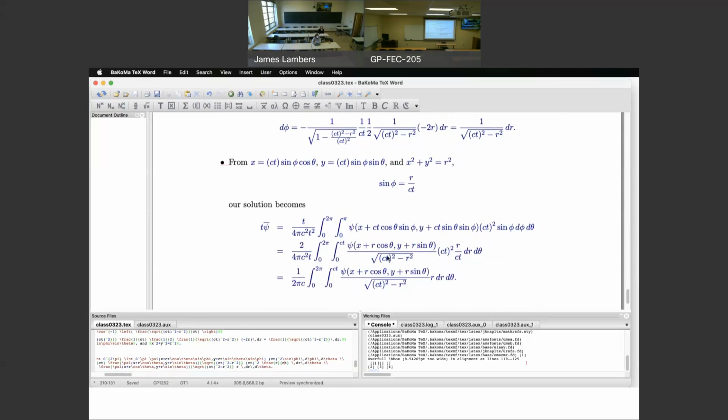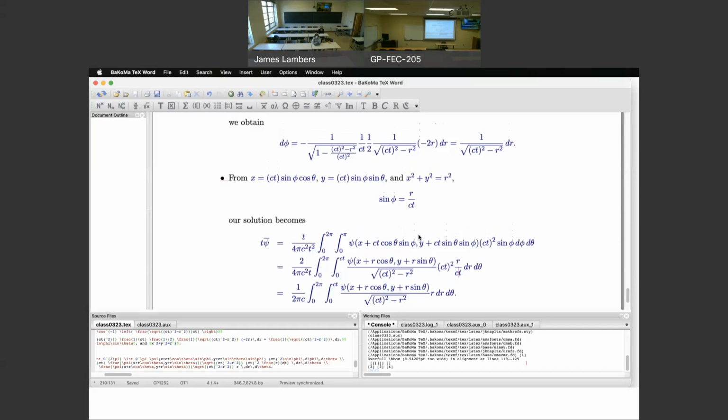Okay. And for the u substitution, phi went from 0 to pi in spherical coordinates.